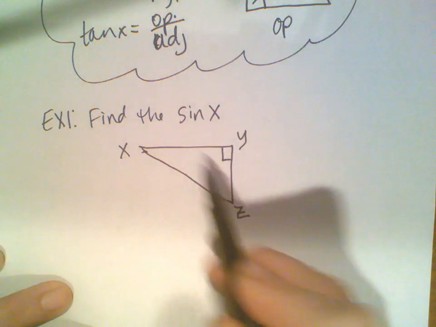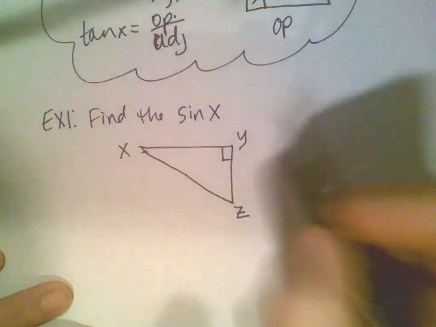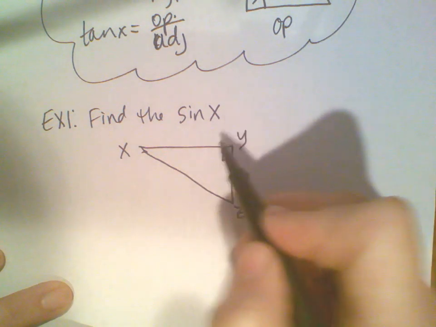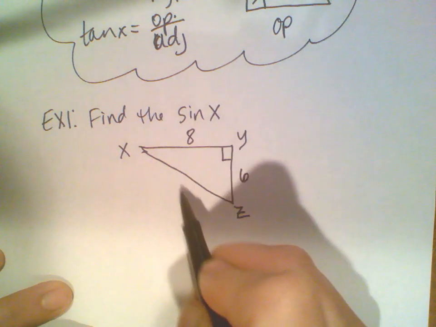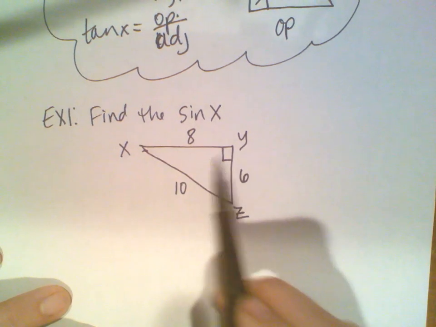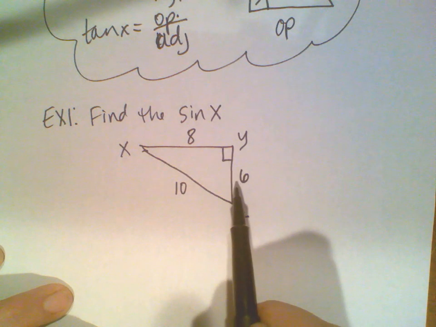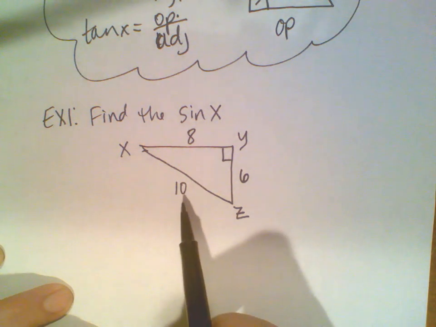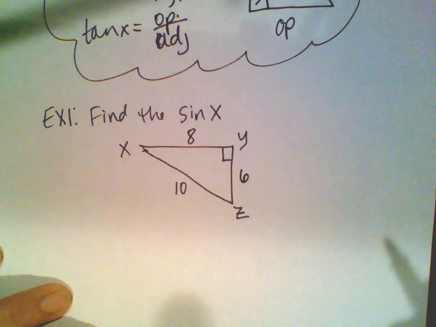And then it will also have some sides measured. And so let's say this one is 6, and this side is 8, and this side is 10. And I know that this is a right triangle because of the Pythagorean theorem. 6 squared plus 8 squared is equal to 10 squared, but that's not what we're looking at right now.